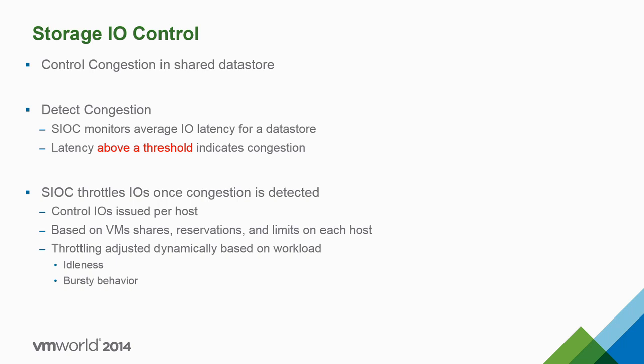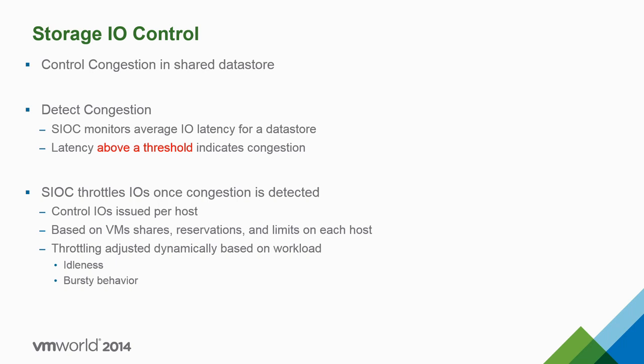Once this condition is detected, it gets into gear and runs a divvying algorithm across the cluster of ESX hosts in such a way that each individual VM running on that data store gets performance commensurate with its resource controls, which are reservations, shares, and limits.